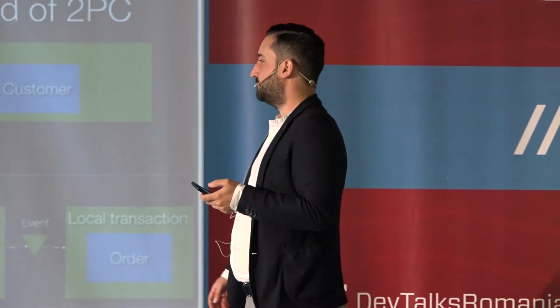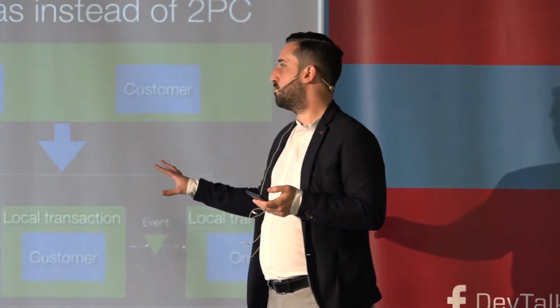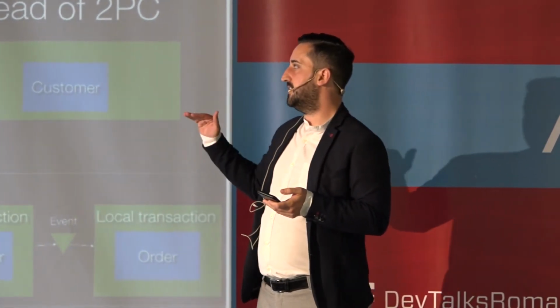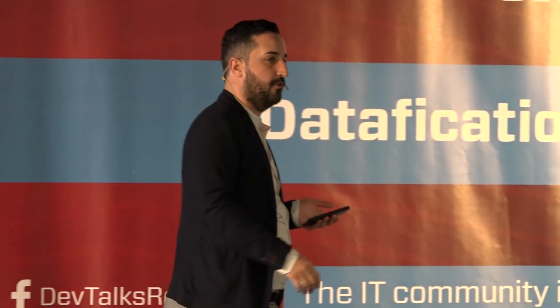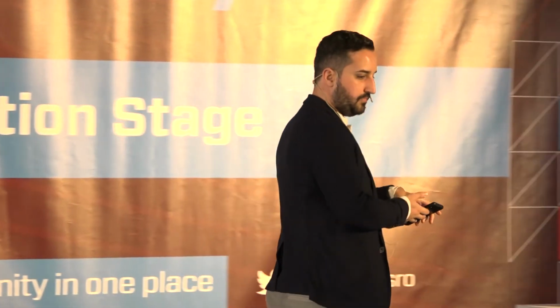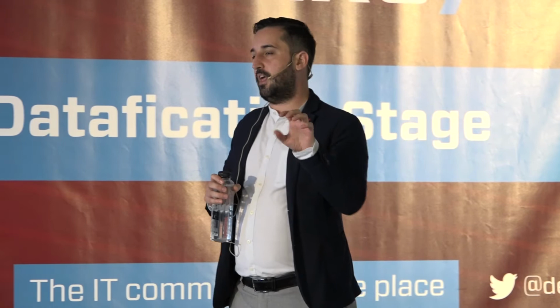So, looking at Saga, basically, a saga is just a sequence of local transactions. If you have a user and an account, and you have to update something on the account, but that also has to reflect on the user entity, you will have to first update the account database and then update the user database.